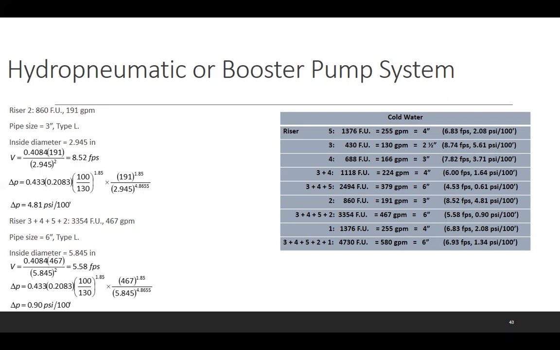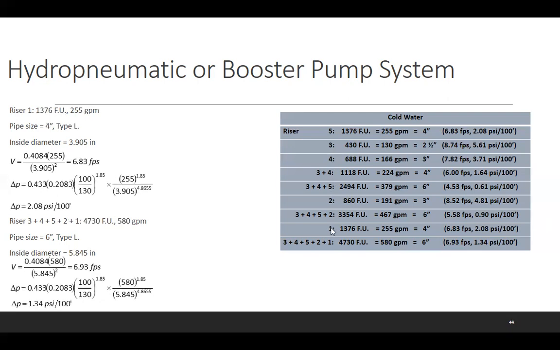Delta P is 0.433 times 0.2083 times 100 over 130 to the 1.85, times 467 to the 1.85, divided by 5.845 to the 4.8655. So delta P is 0.9 PSI per 100 feet.